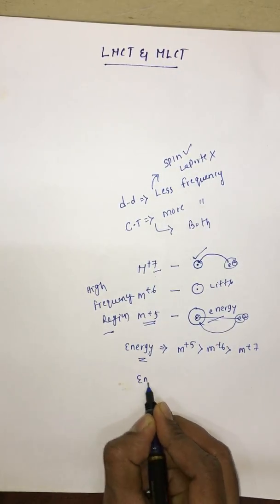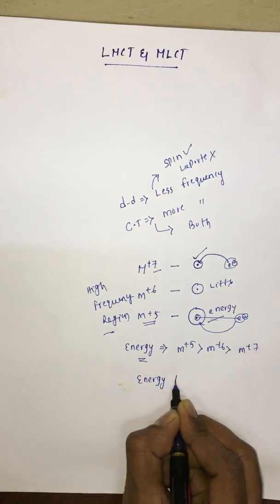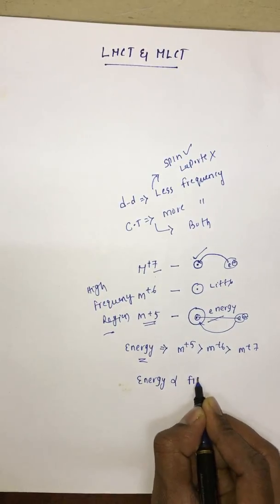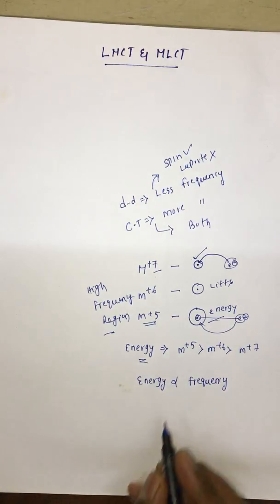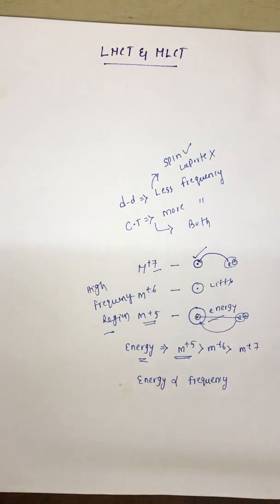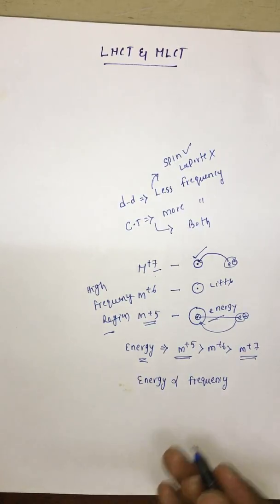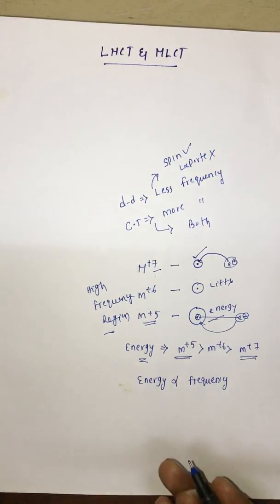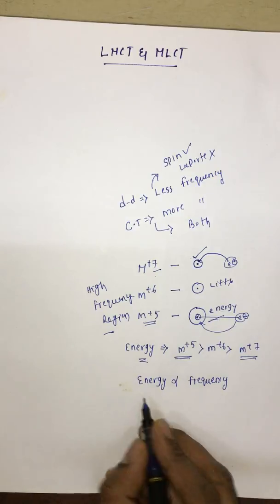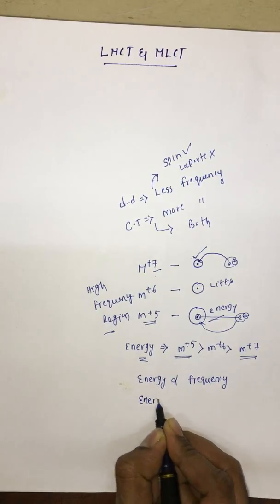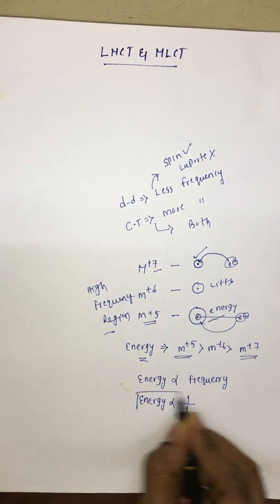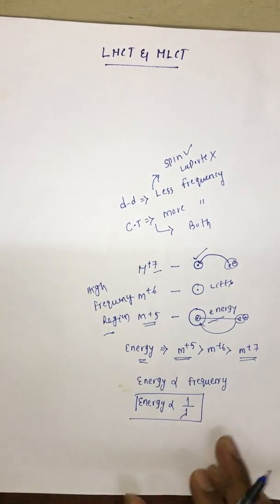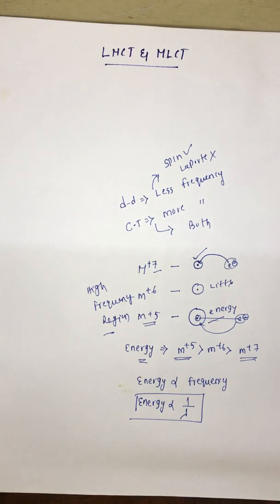We know that energy is directly proportional to frequency, right? So high frequency region will be M+5, low frequency region will be M+7. If they ask which one shows more wavelength, then we can say energy is inversely proportional to wavelength. On this basis we can easily identify the answer.